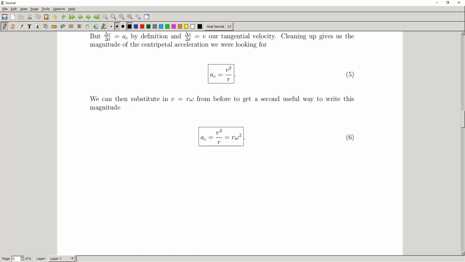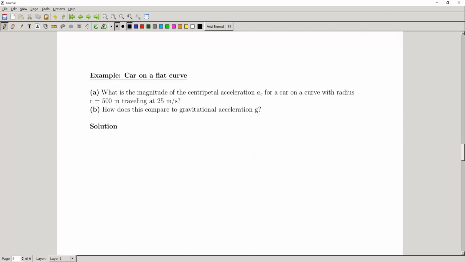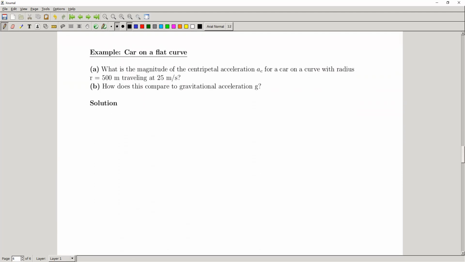It can be written either as our tangential velocity squared over radius, or as radius times our angular velocity squared. Okay, so both of these are going to be very useful, and we're going to use those in a number of examples here in the next few videos. Okay, so that introduces centripetal acceleration. Let's do an example now using the centripetal acceleration.